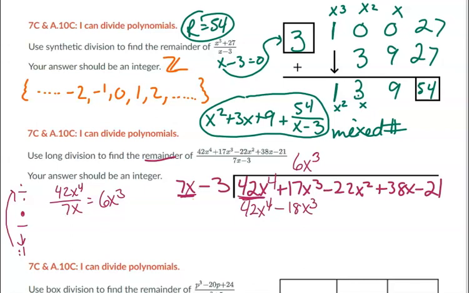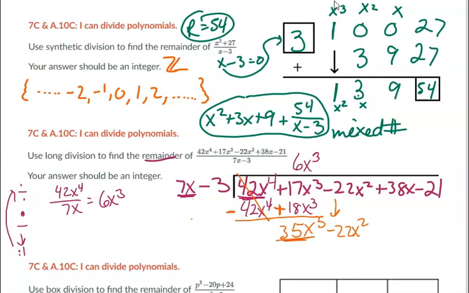When we subtract, we're going to change the signs of everything, not just the first term. So this becomes a plus sign. Those cancel out, and then you have 35x cubed. Bring down the minus 22x squared, and then we're going to move on to the next step.